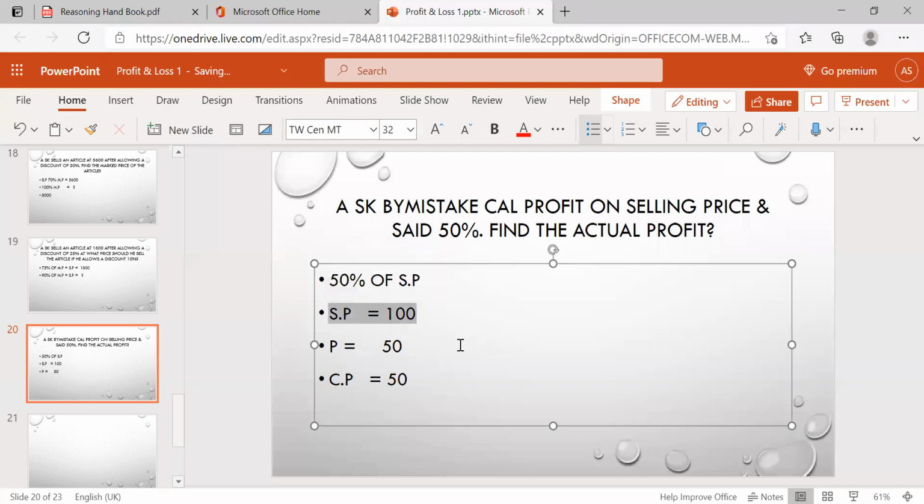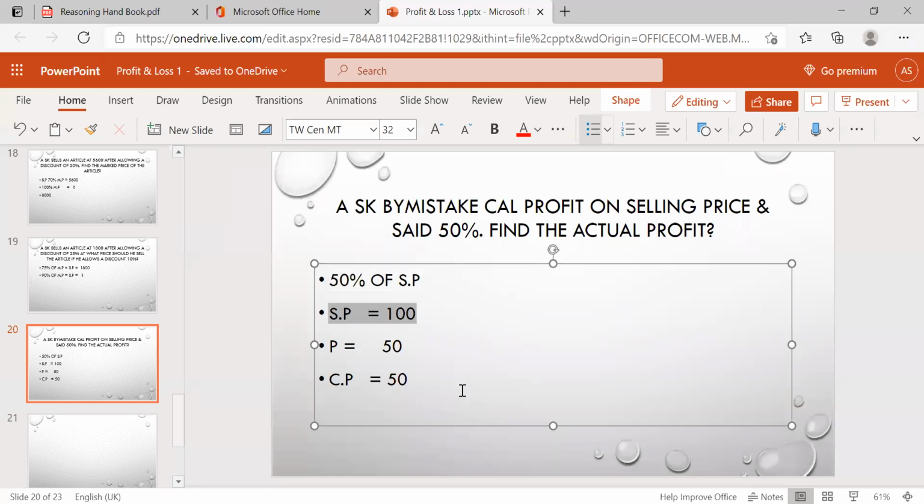Then what's the actual percentage of profit? See, no need to calculate anything, just seeing itself. Cost price is 50 rupees and selling price is 100 rupees. Now, what is the actual profit percentage?